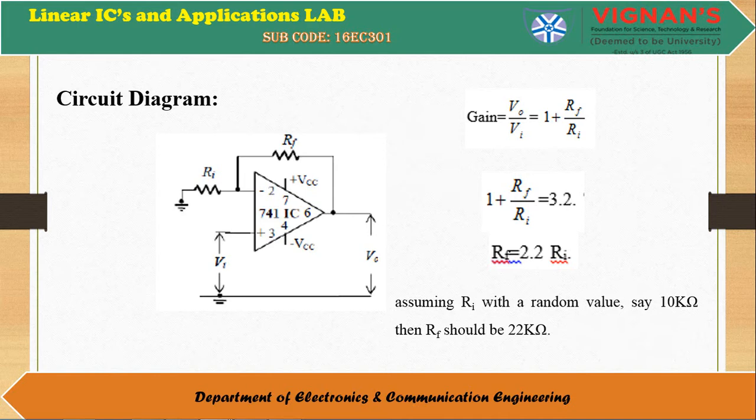Then we get a relation between RF and RI: RF is 2.2 times RI. So here RI is assumed as 10 kilo ohms, then RF becomes 22 kilo ohms. So like this, we design a non-inverting amplifier according to the gain.